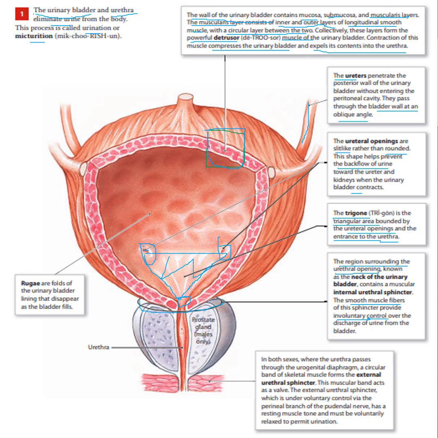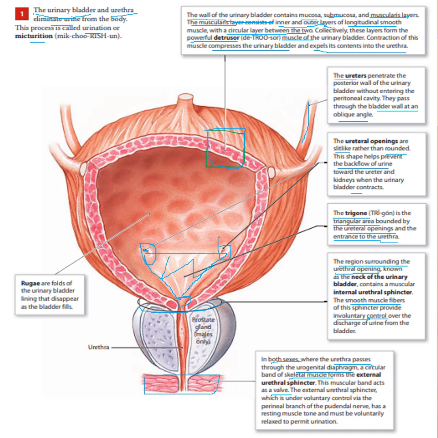As you can see here, in both sexes, meaning male and female, where the urethra passes through the urogenital diaphragm, a circular band of skeletal muscle forms the external urethral sphincter. This muscular band acts as a wall.